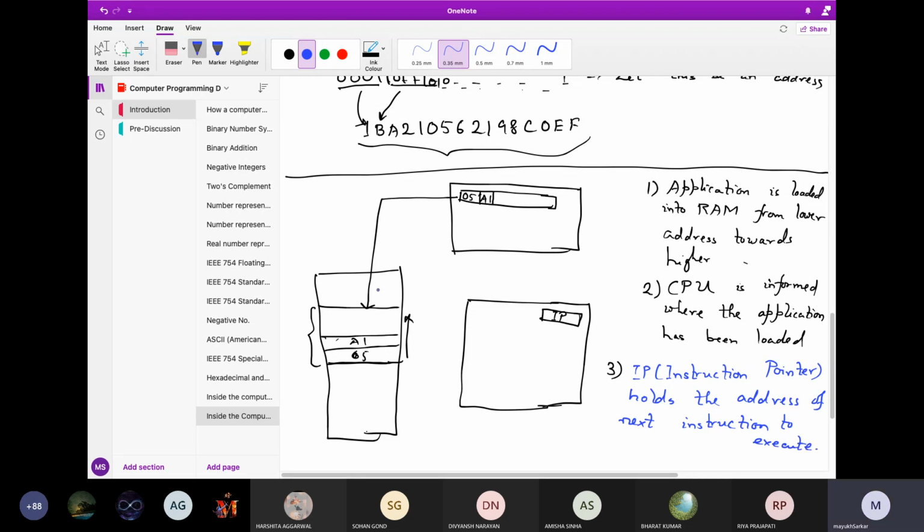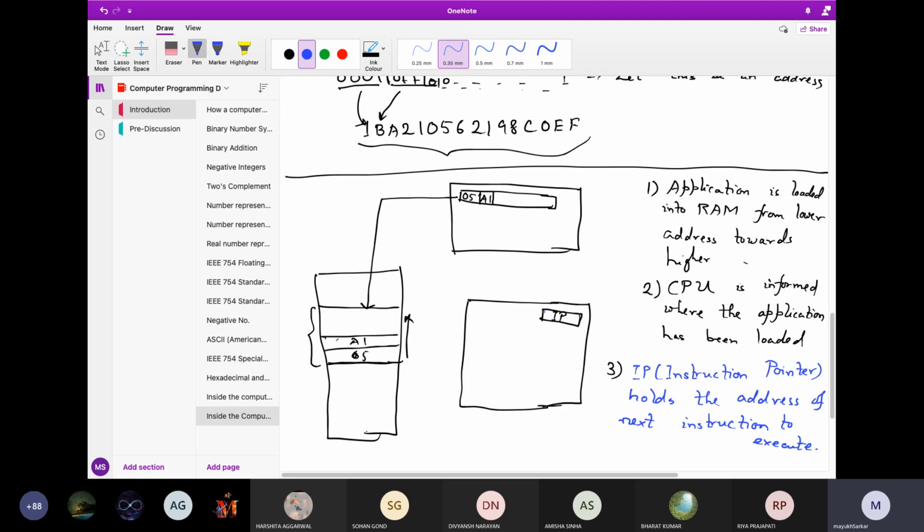So maybe suppose this application has been loaded here. After loading this, the operating system will do this job. In fact, it does much more than this, but let me keep this simple for now.